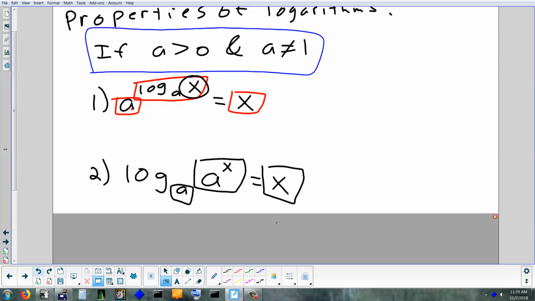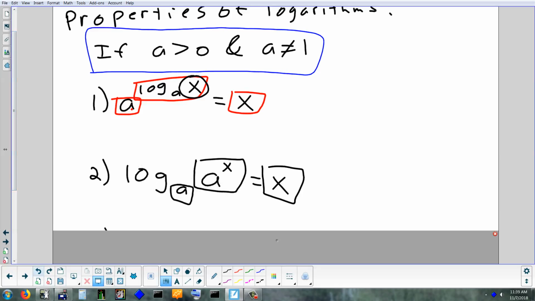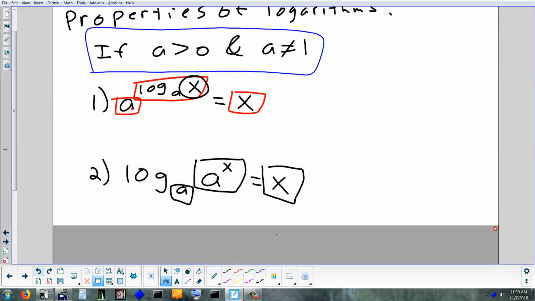Okay, let's look at why that one's true. To look at why it's true, I'm going to change it from log form to exponential. And the reason why it's true is a property you all learned in geometry. So what's my base in that expression? Yeah?